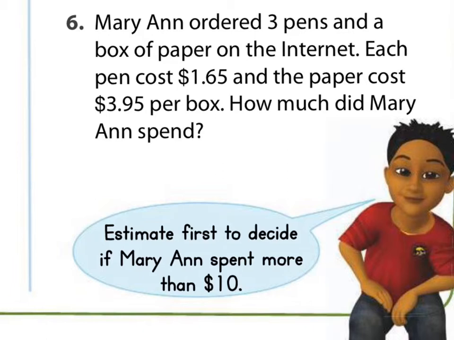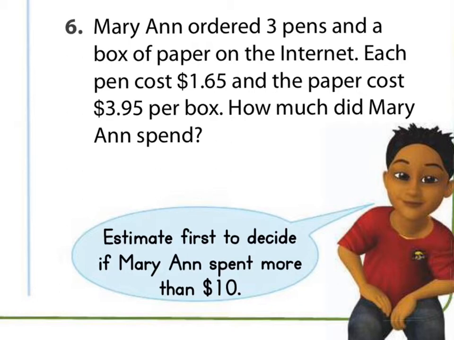Okay, so hopefully you have worked the problem with your partner and you've discussed it and you've shared out a little bit. Hopefully you came up with the answer of $8.90 as far as how much Mary spent.